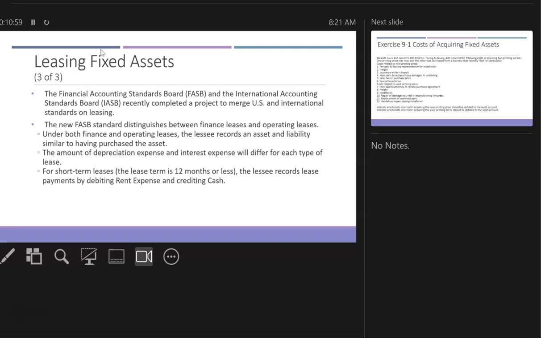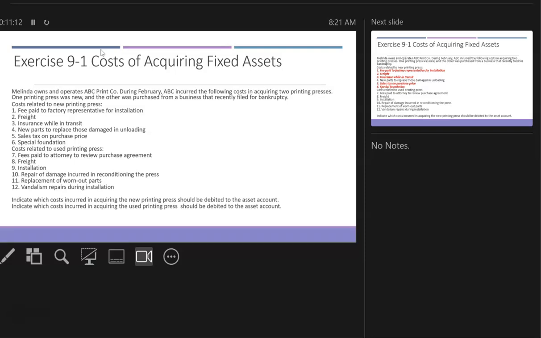One is where you use it for a period of time. Another is where you basically are treating it as a lease, but you're basically purchasing the asset or using it for most of its life. So we'll get into that at another time. But let's start with this one.